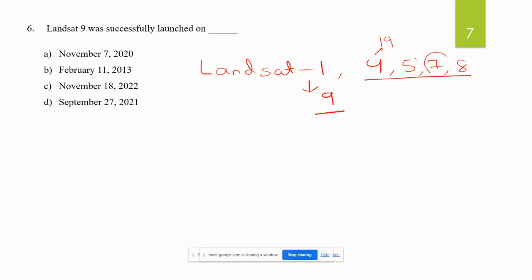We had recent data from these, and the bands also kept on increasing. This is the longest series of satellites of which we have data, so we mainly use it for time series analysis, as it has the longest time series. The question is, Landsat 9 was successfully launched on. That was in September 2021.